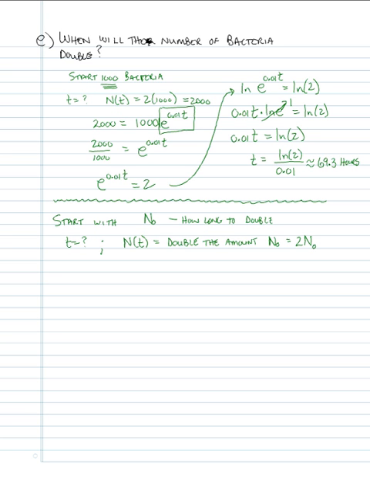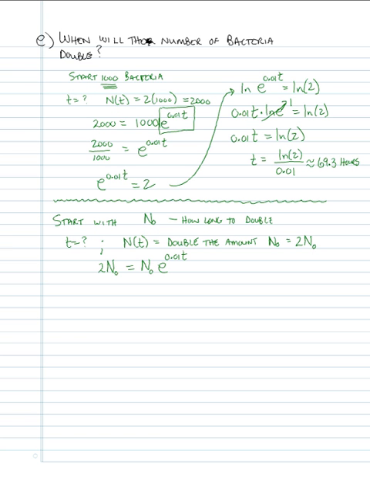That's double that amount, isn't it? So what that's telling us, if we're starting with an amount called N sub 0, then the amount we want after our time, we don't know what time it takes to make the amount we have double that amount. But remember, what we're starting with is N sub 0. So instead of having a 1,000 in this position, we would have an N sub 0, and it would be times e to the power 0.01 t.